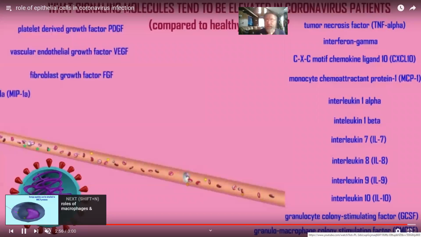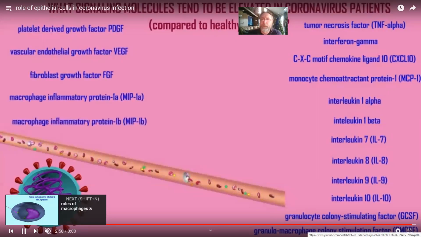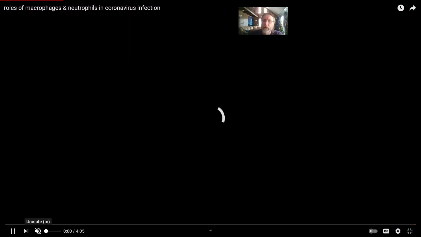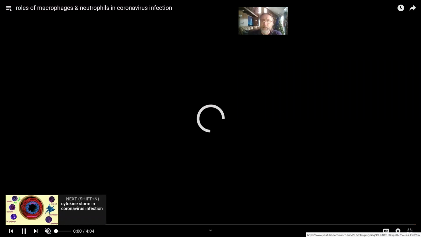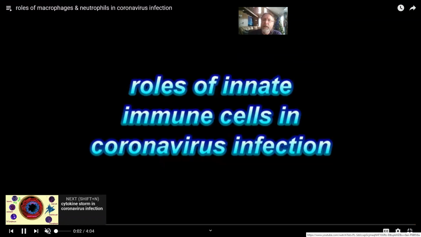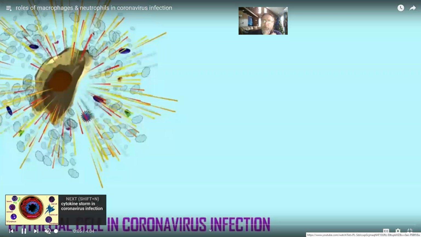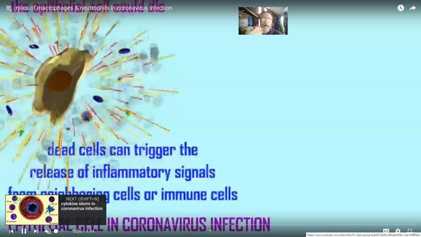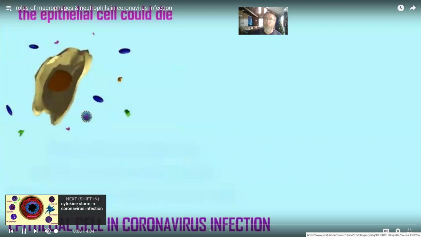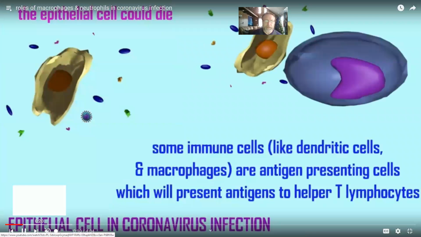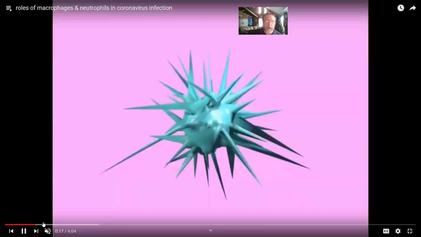So now let's say in the lung, there are infected cells and there are epithelial cells dying. Well, there are immune cells already in the lung. There are dendritic cells, there are macrophages, and others. And then inflammatory signals released by dead cells can attract more. Some of the proteins produced are things like monocyte chemotactic protein, which brings monocytes to the lungs.